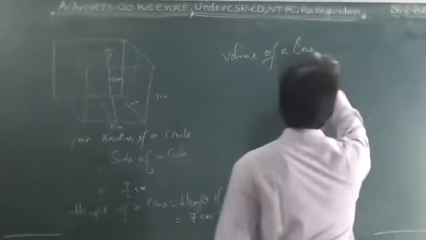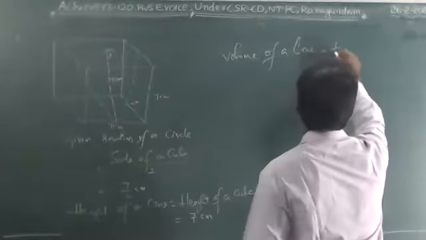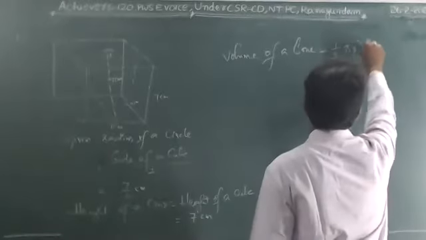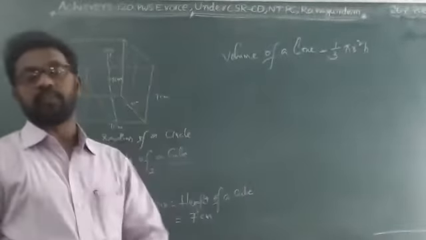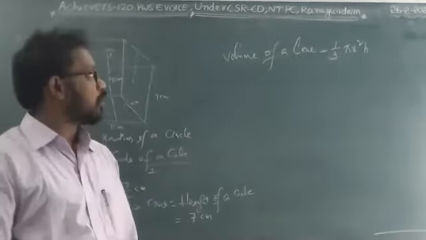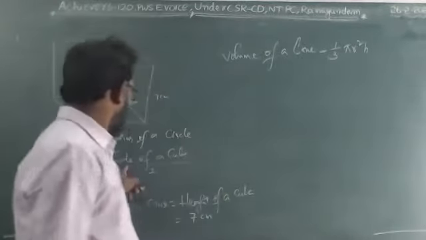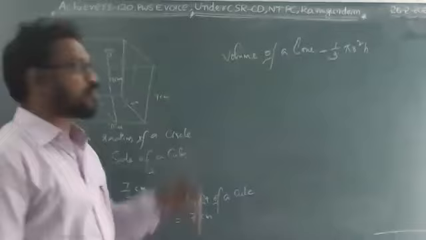Volume of a cone. What is the volume of a cone formula? 1/3 pi r square h. You know the value of r, you know the value of h. Just substitute in that.